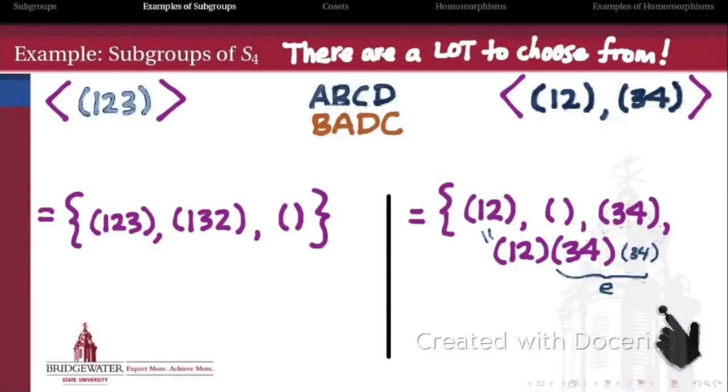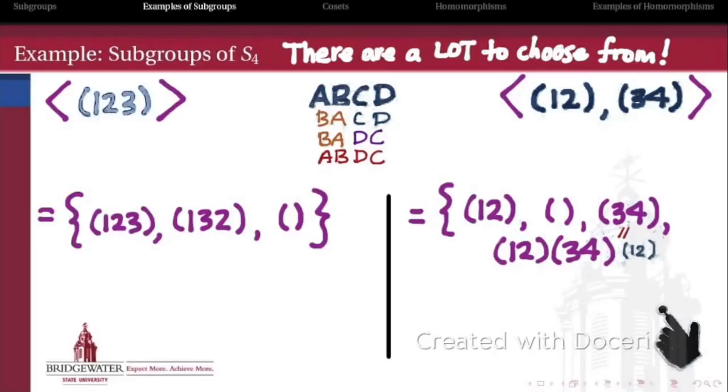But naturally, that's equal to (1 2) because (3 4) composed with itself is the identity. What if we compose by (1 2) on the right? Well, we find out that what we get at the end of that is just (3 4) again. And then if we compose by (3 4) on the left, we find out (3 4)(1 2)(3 4) gives us just (1 2).